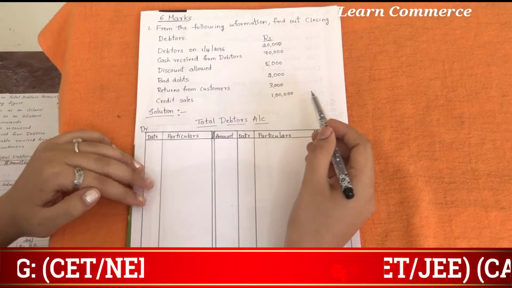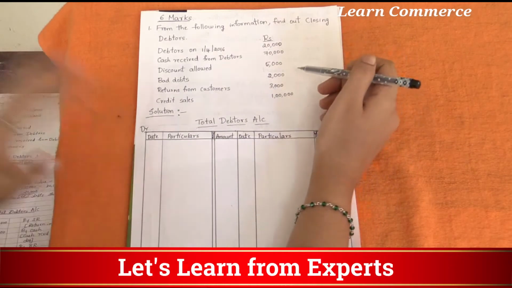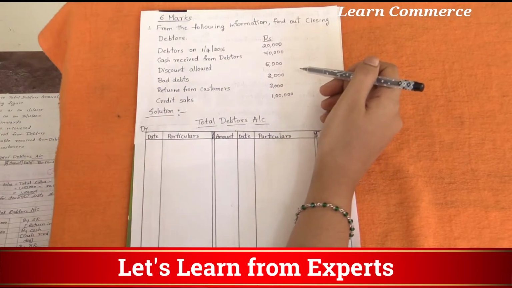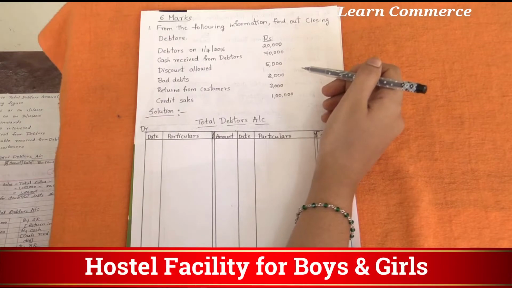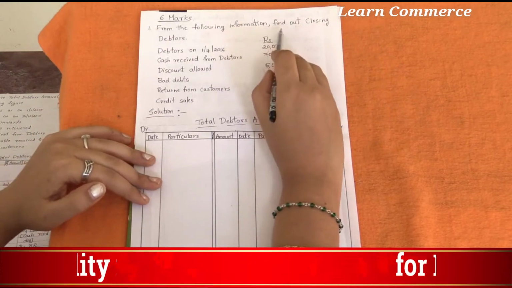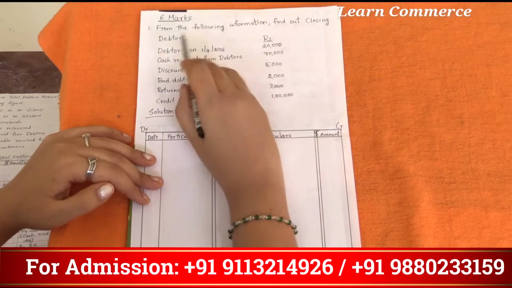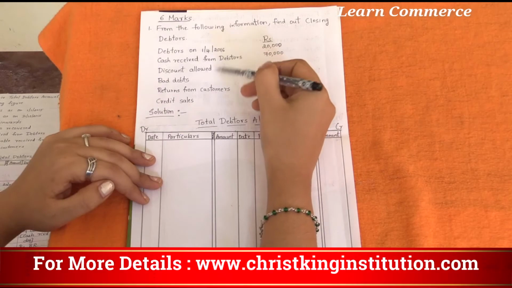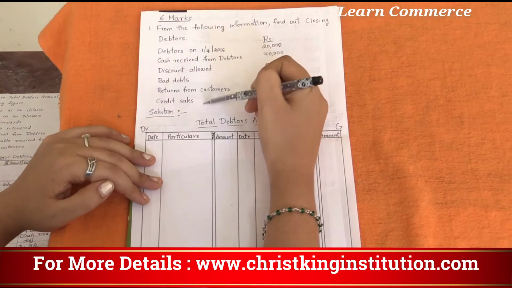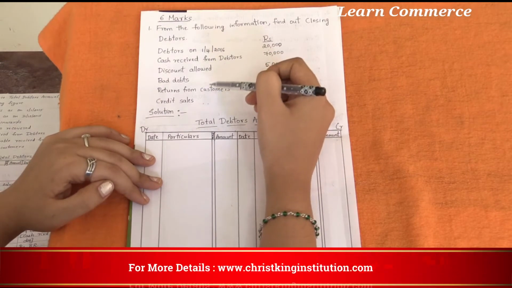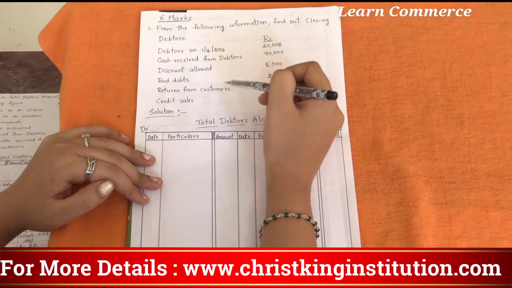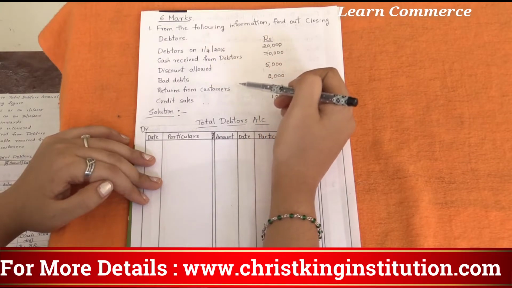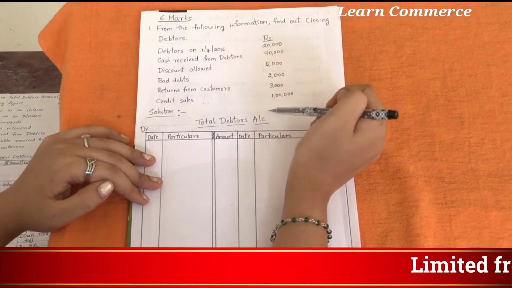Okay. So now let's see which account we should prepare. You first identify which account you have to prepare. First see here, the question itself says find out closing debtors. Then all this information given from here to here is related to debtors. So we have to prepare the total debtors account.